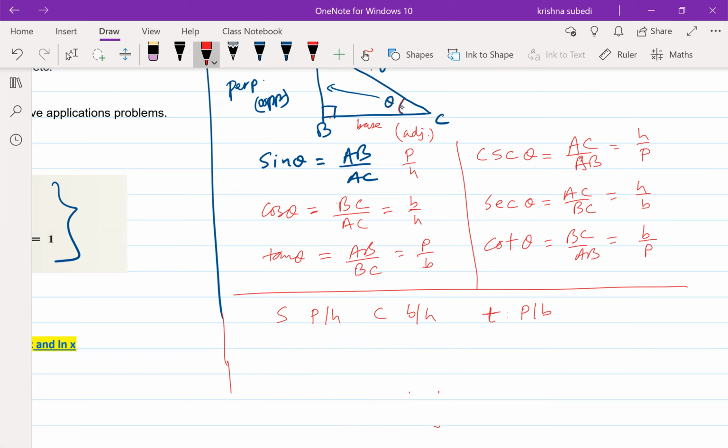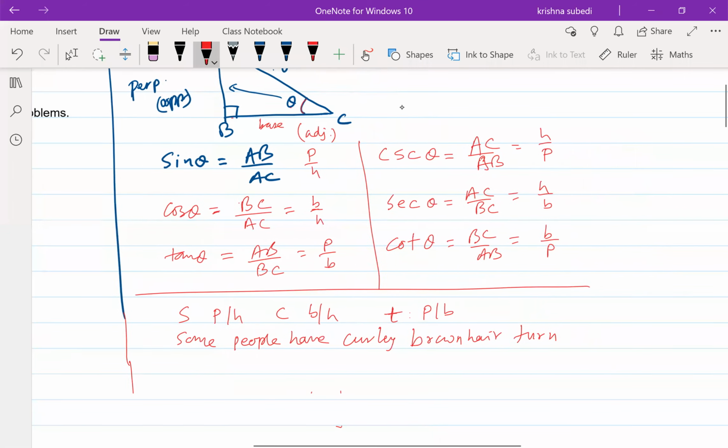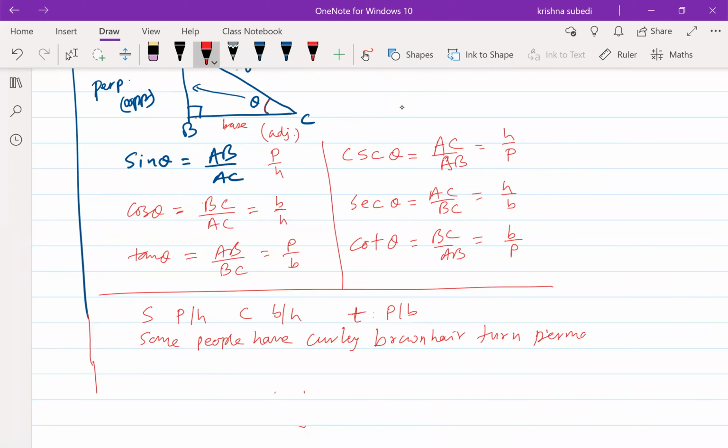So this is: some people have, let's say curly brown, B represents brown hair, and they put some color. These days people use so much color, right? And their brown hair turns permanently black.